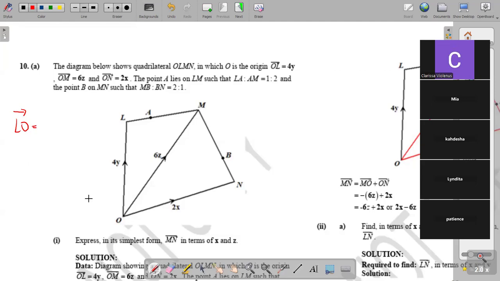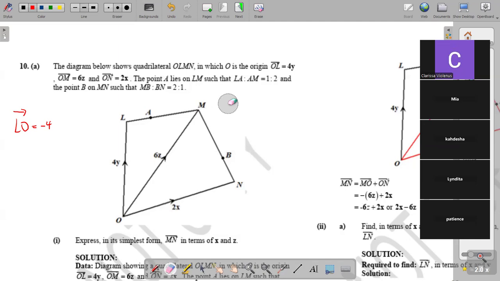Negative 4y. Nobody's supposed to even tell you this. You're going in the opposite direction, so it's going to be negative 4y. That's something you have to keep in the back of your head.